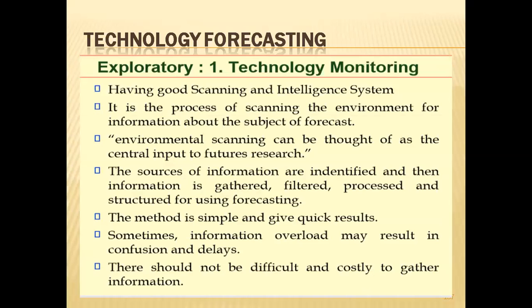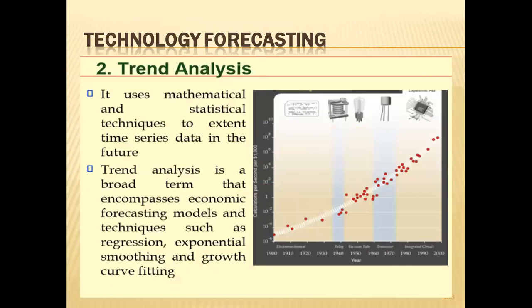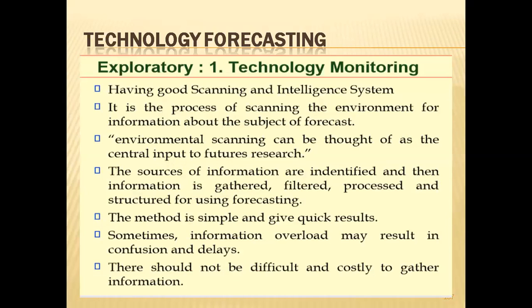As I said, there are two basic classifications: explorative and normative. Explorative means whatever data is present, based on that you predict the future. Normative, you have something to achieve in the future, and based on that you go backwards. The first and simplest is technology monitoring, which is based on whatever data is there: all the information is gathered and filtered, meaning unwanted data is removed, then processed and structured.